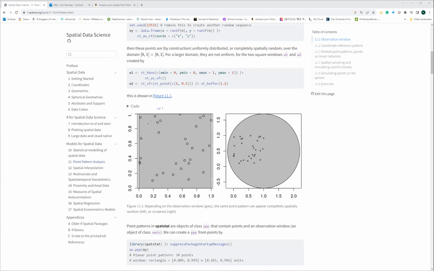With the 1 by 1 square, it seems randomly distributed, but with the circular boundary window of 2 by 2, it looks like it is clustering. So depending on your boundary, the point pattern varies, and the way we understand the point pattern will be different.